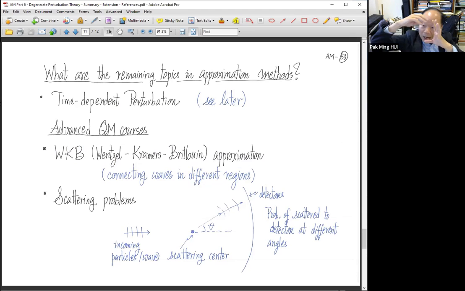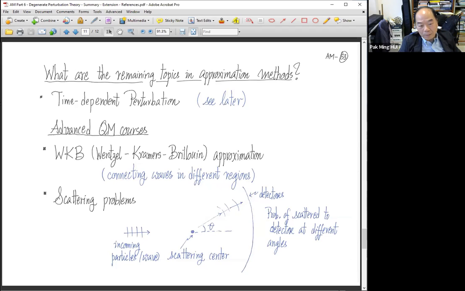Inside the nucleus, there is some alpha particle wave function, outside some other alpha particle wave function, and how to connect them nicely, okay? That is one question for you to keep in mind. If you want to read further, this is one topic. WKB, if you look into these names, some of them are classical physics people. Actually, they are used in very different topics, including gravitational waves, how to connect from the horizon out to out there, okay? You can also apply this kind of thing.